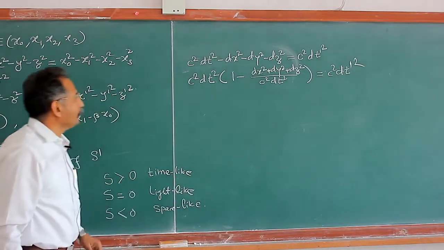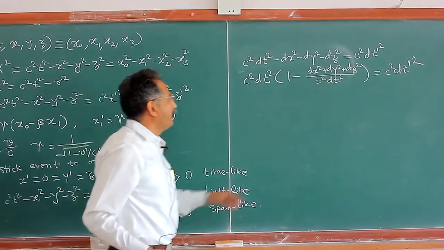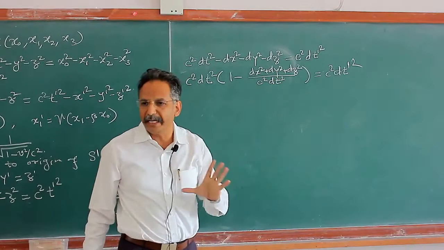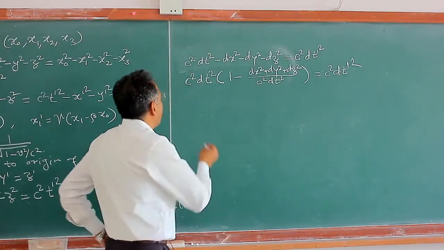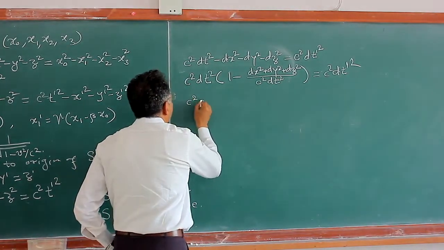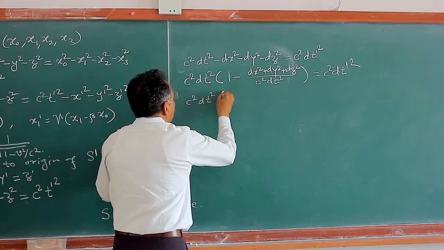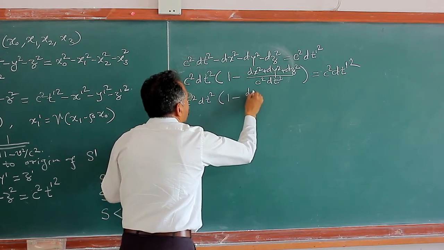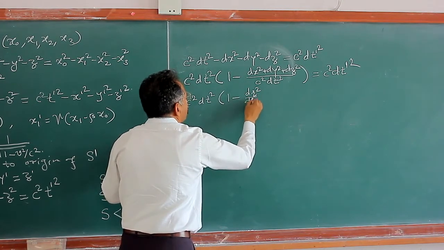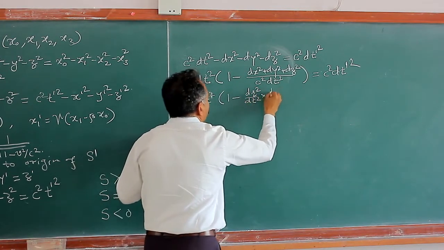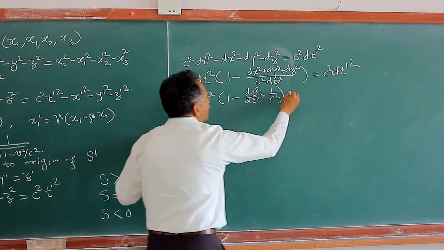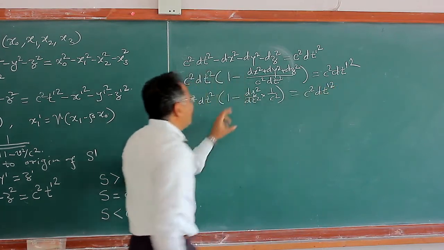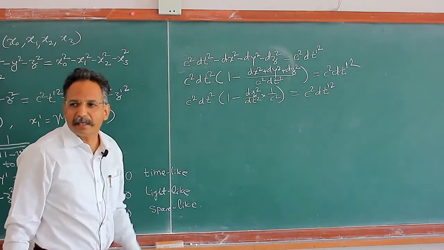Now, this quantity dx square plus dy square plus dz square can be treated as dr square, and we'll have c square dt square inside the bracket 1 minus dr square by dt square multiplied by 1 by c square. This is equal to c square dt dash square. So this quantity is velocity.